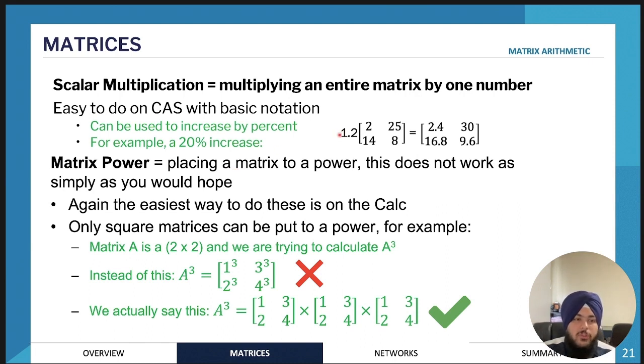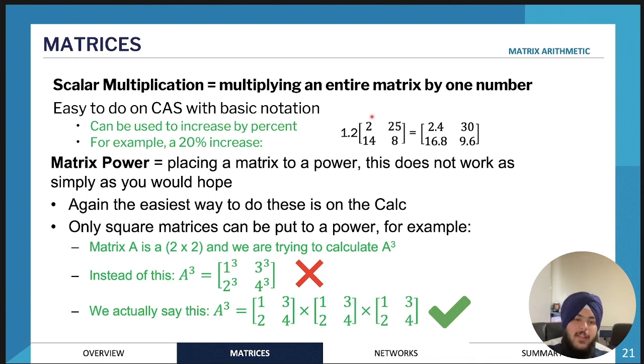The uses of scalar multiplication are usually financial. For example, if we have a particular item at a store and we want to mark up the price by 20%, we might use a scalar multiplication. If we had the prices of the items in a matrix, like I said, matrices are just another way of representing information.